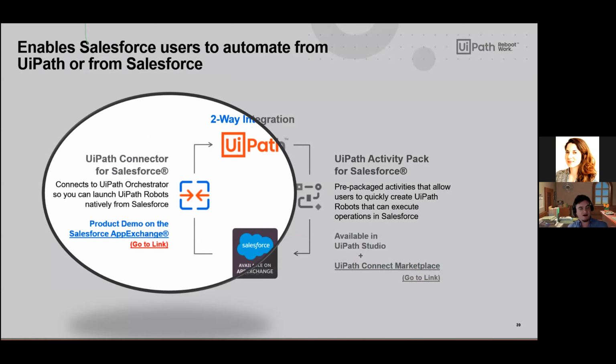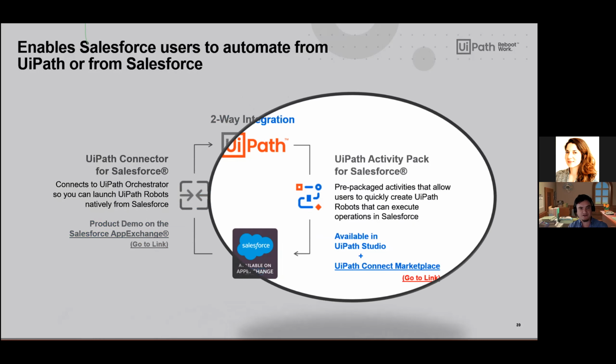So when you get in contact with us, you can ask for the Salesforce Connector, and then you would get the link to install it directly in Salesforce. And then you can configure it to reach out to our orchestrator, where you can hand over data from Salesforce directly to a robot, and the robot is using this data to do the process.